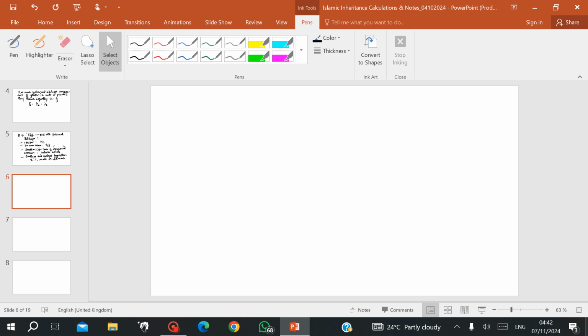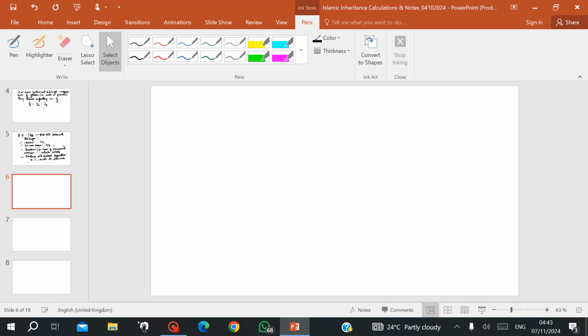In that case, there's no problem and there's no residue to be given to the residuary. In some other cases, the sum of the fixtures may be greater than 1. In that case, we have the principle of owl. And then the third case is where the sum of the fixtures is less than 1, where we have a case of rod.